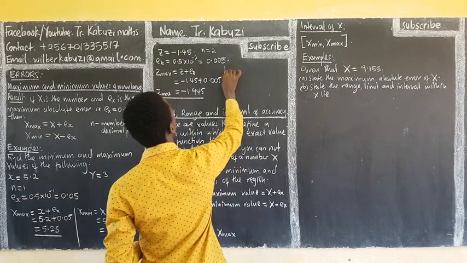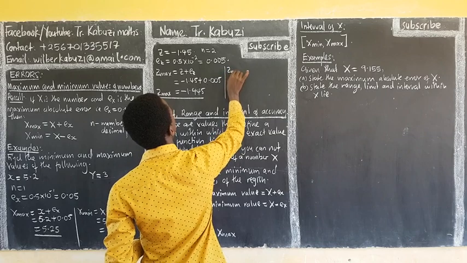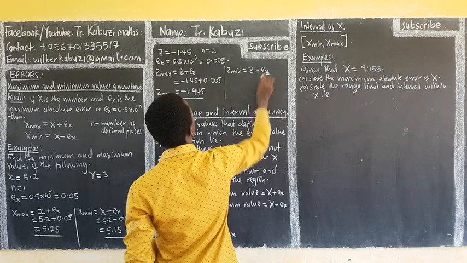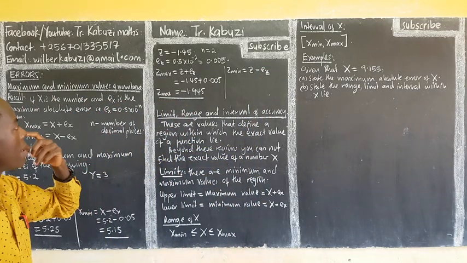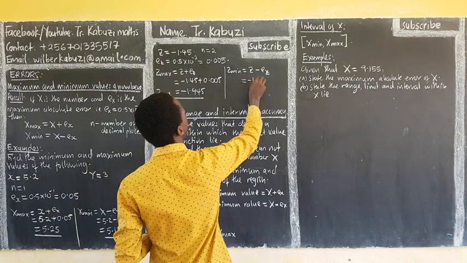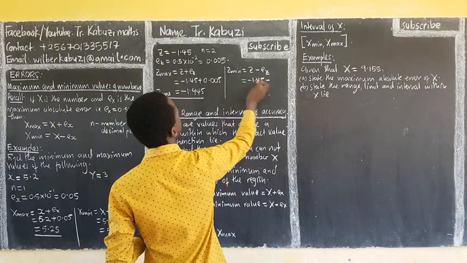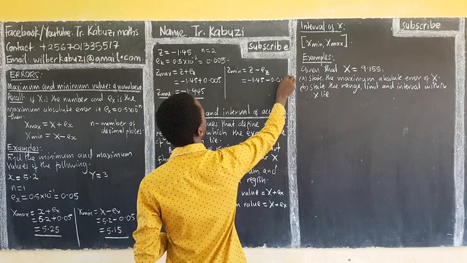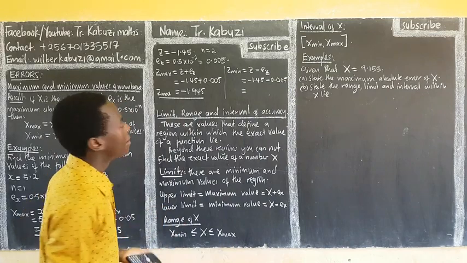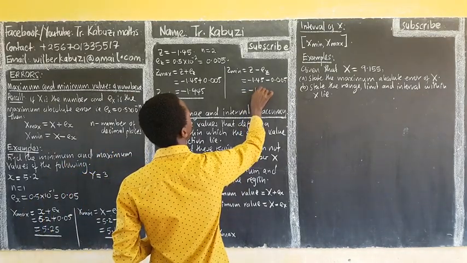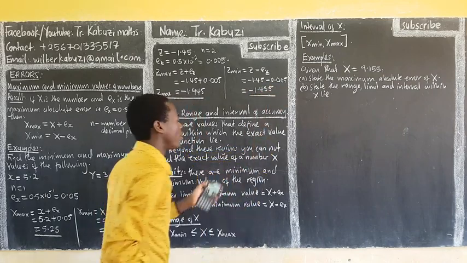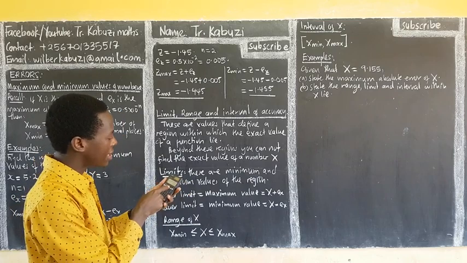Then if you want the minimum value, z min will be z minus the maximum possible error, or the maximum absolute error in z. So if you put your value as negative 1.45, then minus 0.005. If you can't see that, get your calculator and plug it in. So this will be negative 1.455. If this is hard for you, get your calculator, then you say minus.